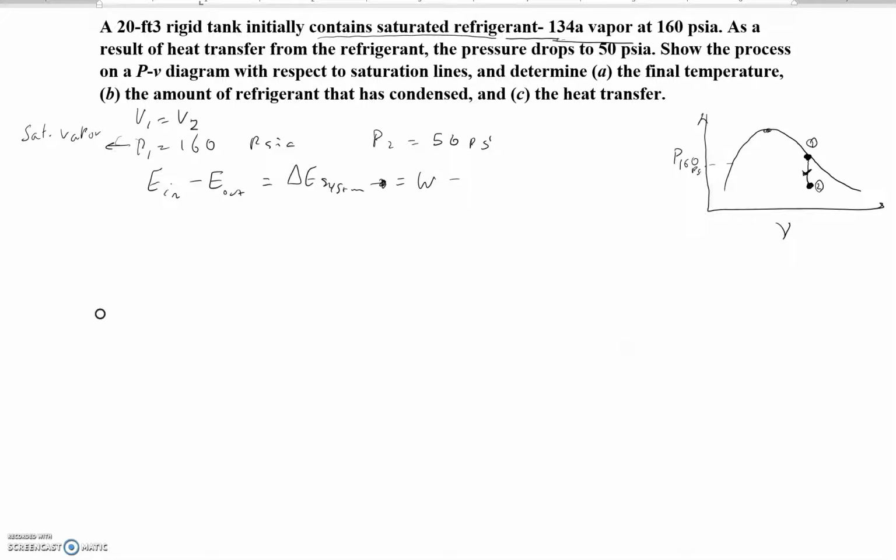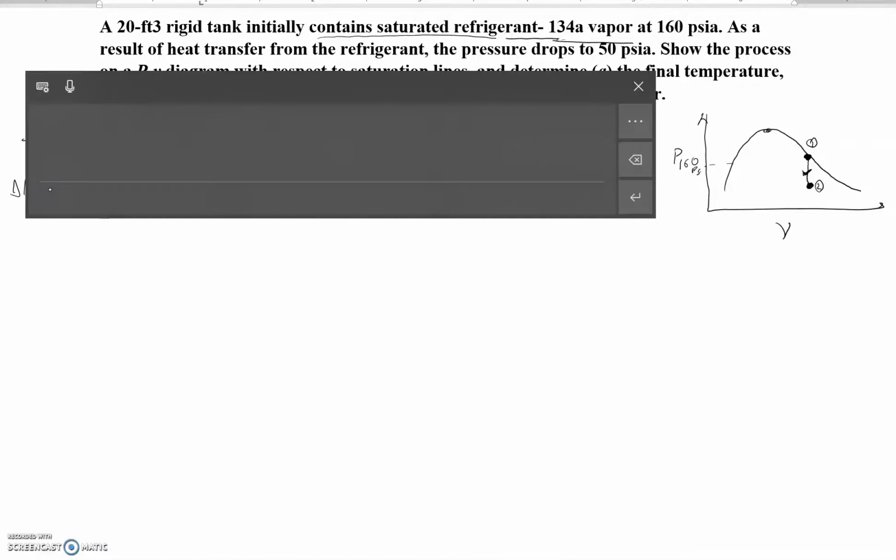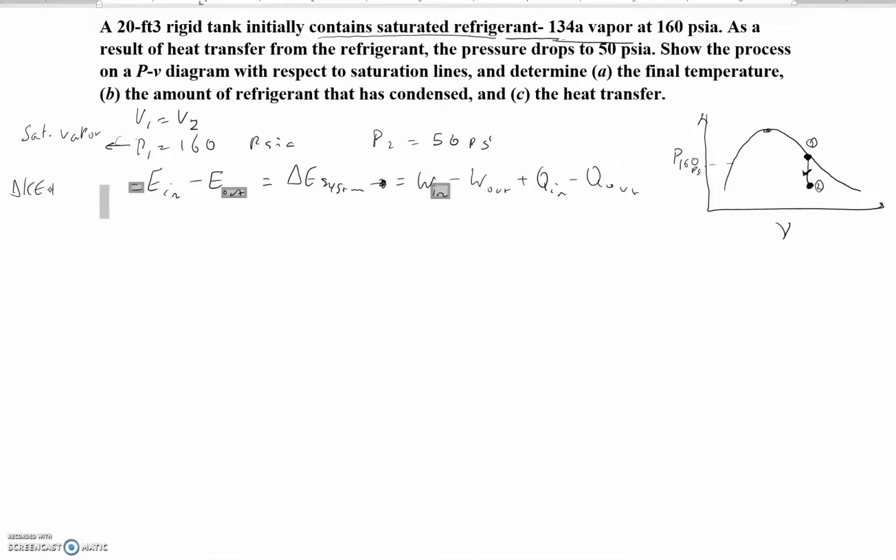And then you have the heat transfer, which your system loses because it becomes two-phase, right? So your system loses some heat. So remember the equation was W in minus W out, Q in minus Q out, and then the whole thing was equal to change in kinetic energy, potential energy, and then delta U, right?